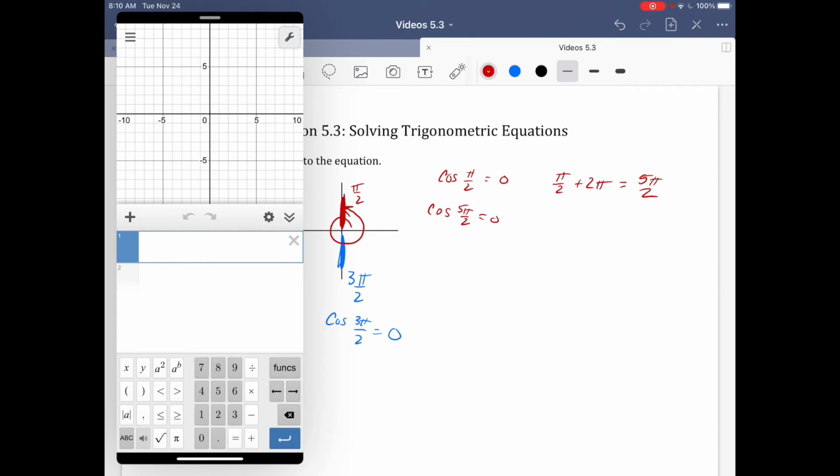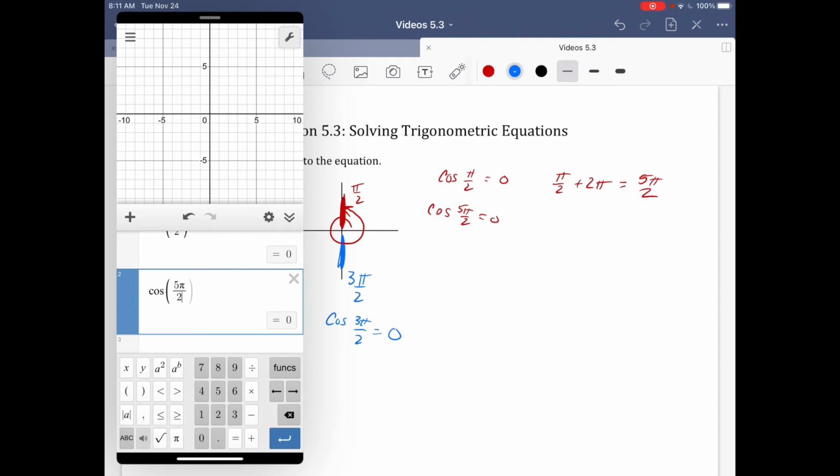Make sure we're in radians, and we can remember that the cosine of pi over 2 is 0. And we can remember that the cosine of 5 pi over 2 is also 0. Remember, anytime you add a revolution, you're maintaining that sine and cosine. The same argument can be made for 3 pi over 2.